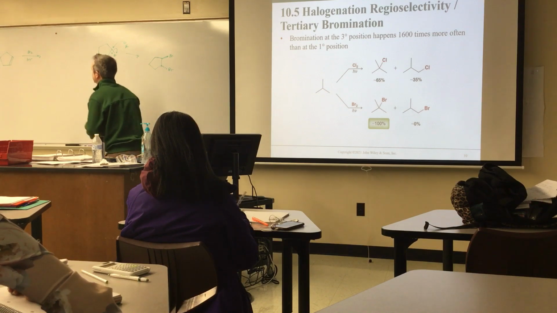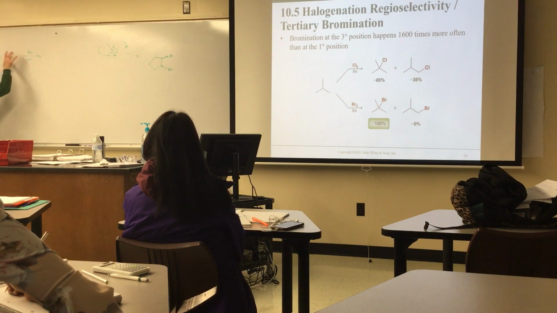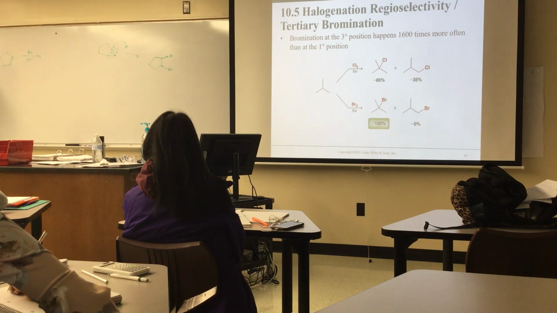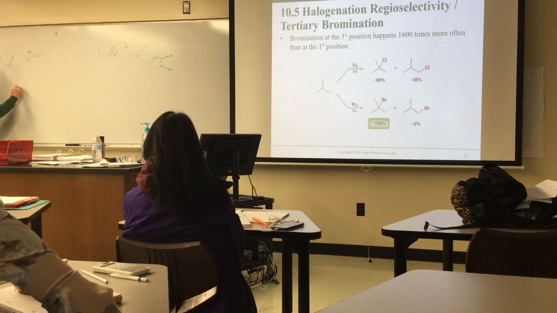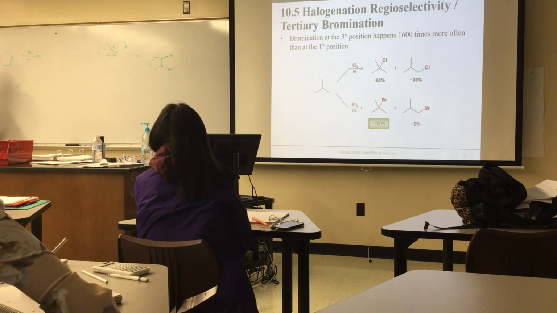What's going to be your most stable radical from this species if you do get initiation and propagation? What's going to be your most stable radical from this one? What do you think?